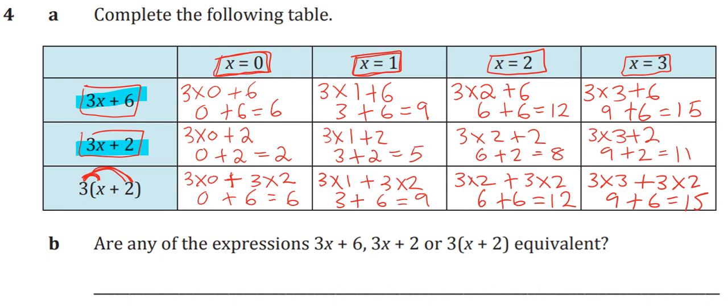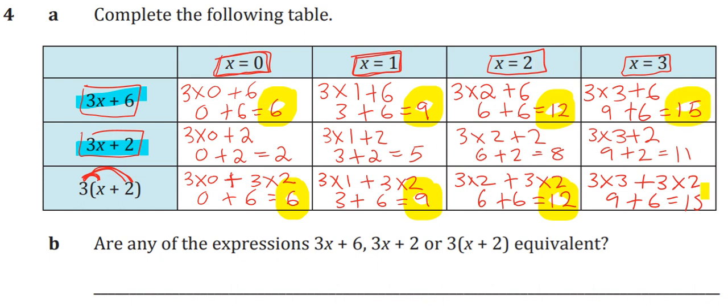Now, we can see in this equation up here, no matter what we sub into x, we're going to get the same down here. In this equation and this equation, when we sub x is 1, we get the same answer. This equation and this equation, when we sub in x is 2, we get the same answer.